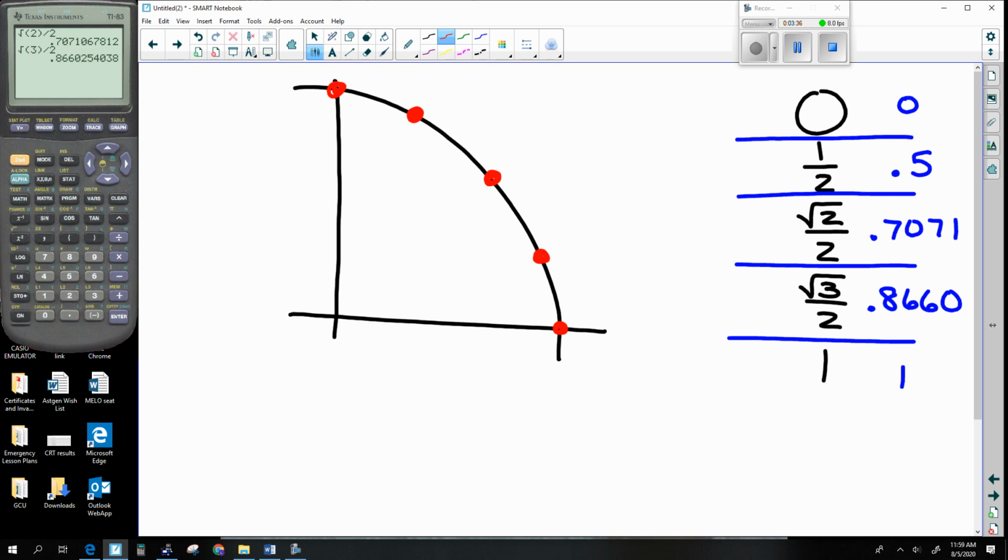Now, the reason they call this thing a unit circle is that unit is singular. It is a unit, implying 1. So this is a circle that has a radius of 1. Again, a radius is the distance from the middle to the edge.